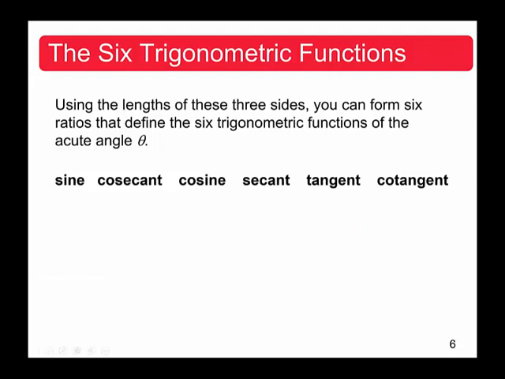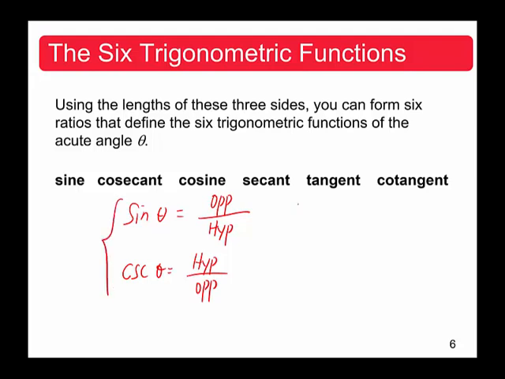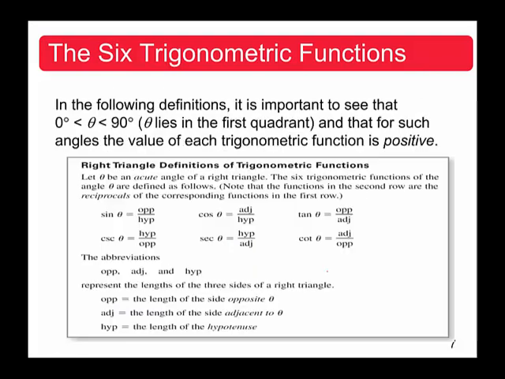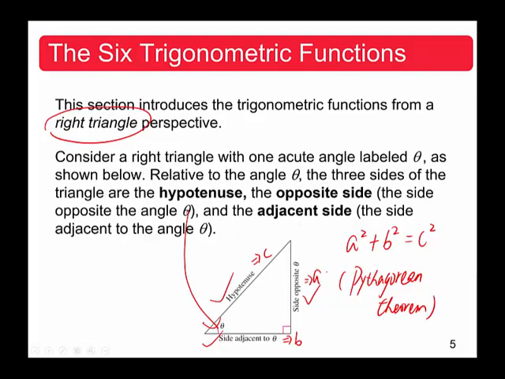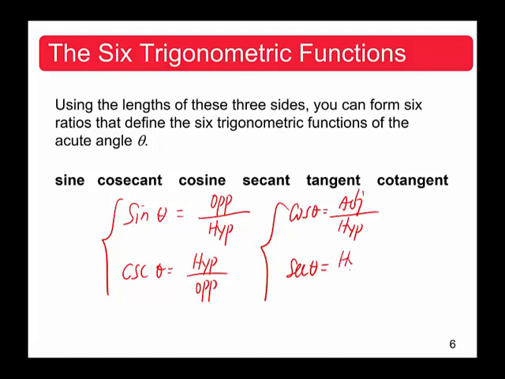Sine theta equals opposite over hypotenuse. And cosecant theta is the reciprocal, so it's hypotenuse over opposite. That's the first group. Second group, cosine theta equals adjacent over hypotenuse, and then secant theta is its reciprocal, so it's hypotenuse over adjacent.